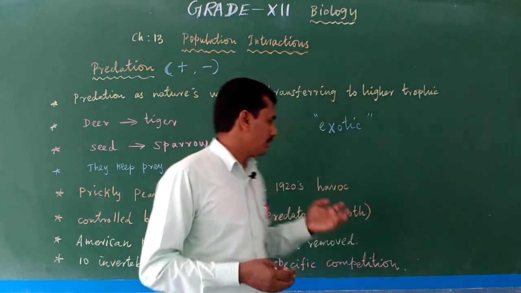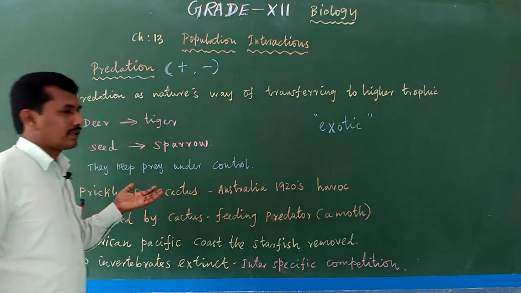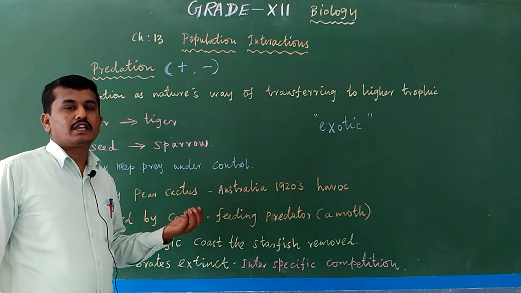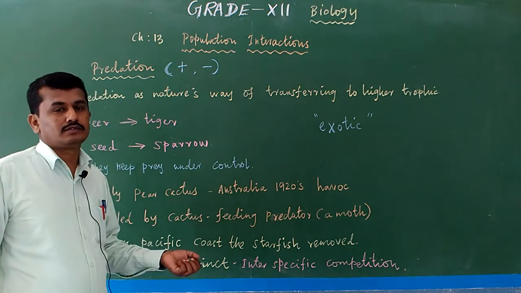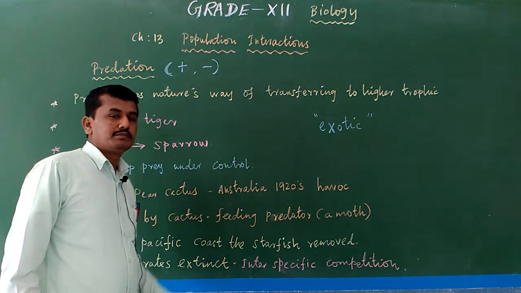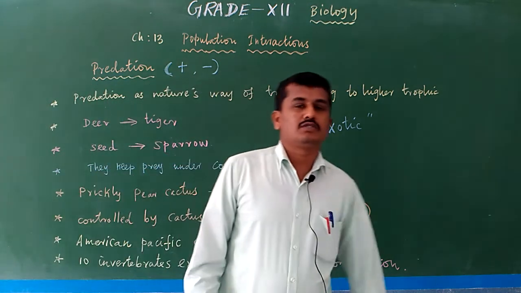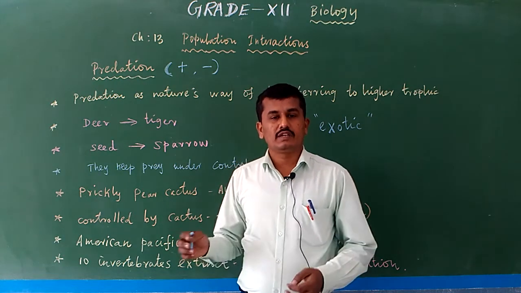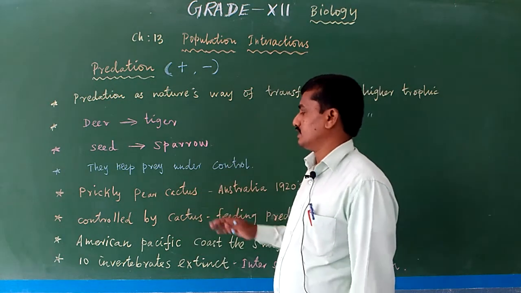After introducing the cactus into Australia, the natural varieties were automatically reduced. And only after introducing the cactus-feeding predator did we control the cactus plant in Australia. So this is one example of predation.